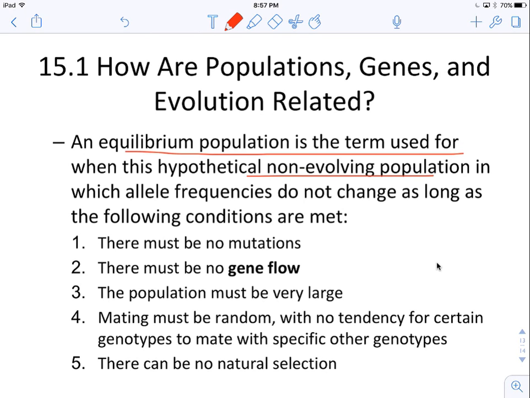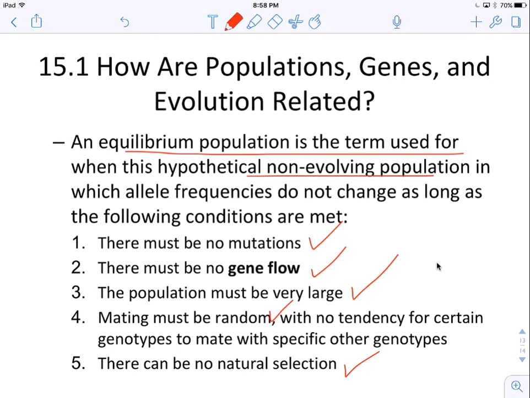If you have a non-evolving population, there are no mutations, there's no gene flow, the population must be very large, mating must be random, and there can be no natural selection. All of these criteria have to be met in order for populations to not evolve.